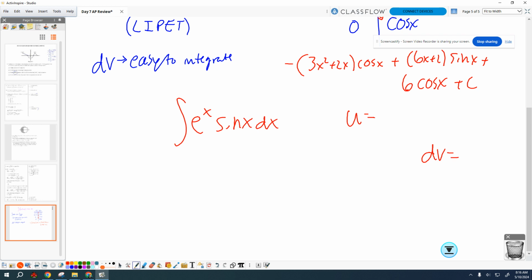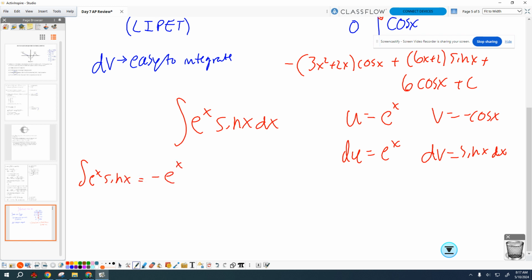Doesn't matter which one of those you choose as the U value, but whichever way you choose it, be consistent. So this becomes, and I will write it, UV minus the integral of v du.